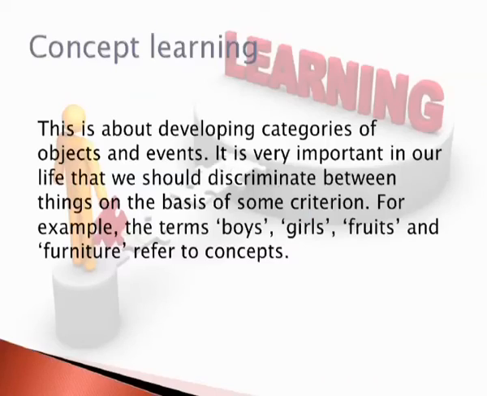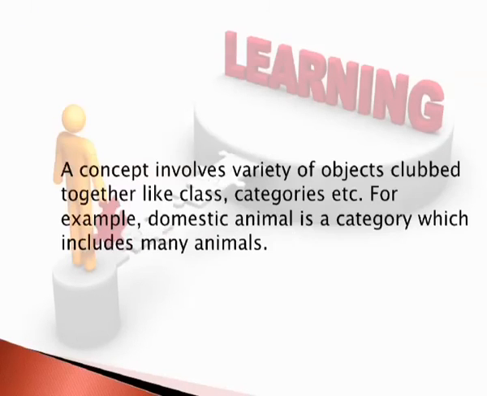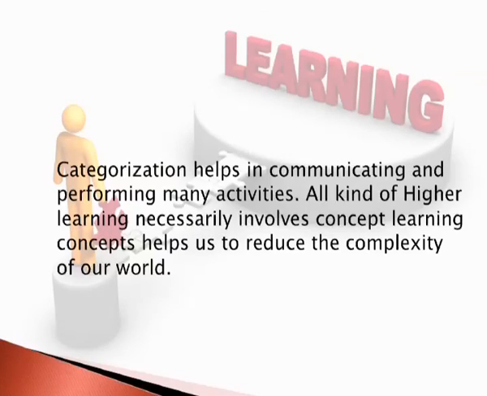Next, concept learning. It is about developing categories of objects and events. It is very important in our life that we should discriminate between things on the basis of some criterion. For example, the terms boys, girls, fruits and furniture refer to concepts. Concepts involve a variety of objects clubbed together like class, categories, etc. For example, domestic animal is a category which includes many animals.